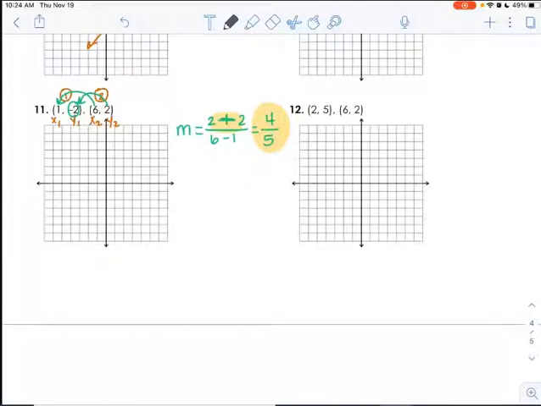So let's go ahead and plot these points. I need to get over to 2, 3, 4, 5, all the way up to 6. And then my y values range from -2 to 2. So if you're hand drawing your graph, those are the points you'll need to include.